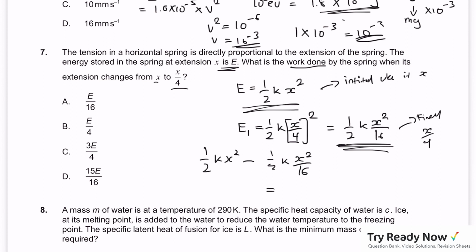And you may notice that what determines the energy here is this component right here, 15 over 16.